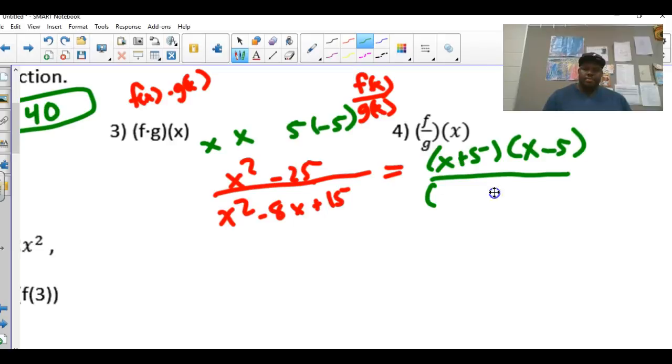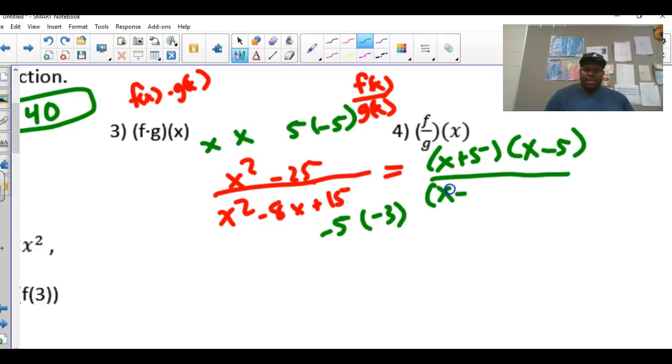Down here at the bottom, we've got to think of two factors that multiply to give me 15, but also add to give me negative 8. Those factors that multiply to give me 15 are negative 5 and negative 3. Well, if I add those same two numbers, negative 5 minus 3 will give me negative 8.